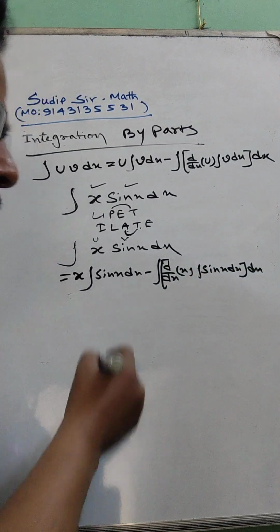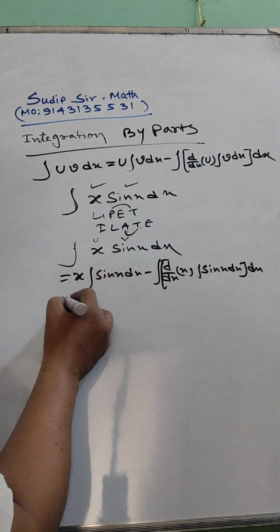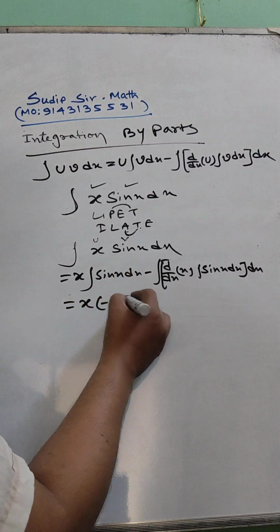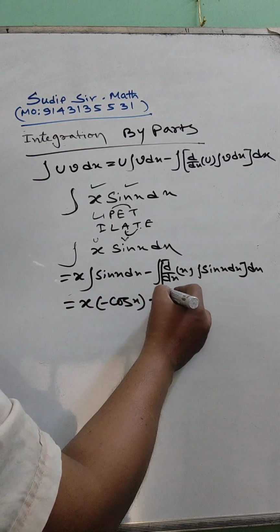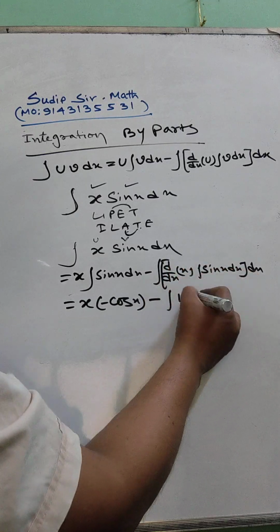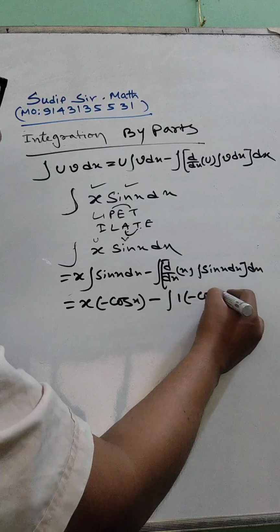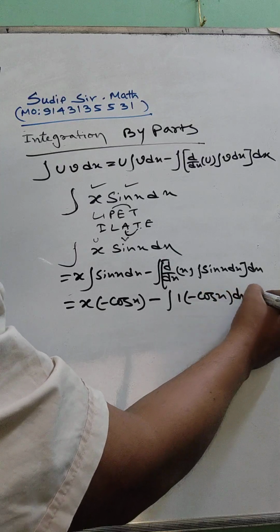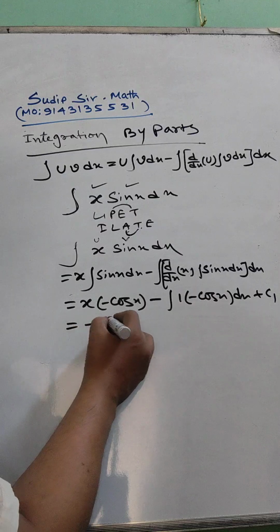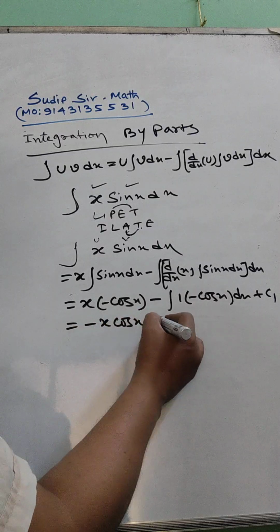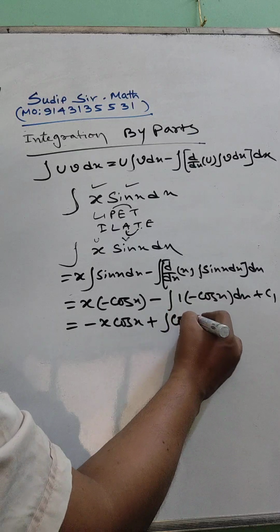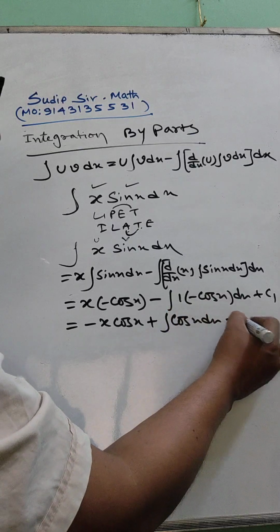So integration of sin x is minus cos x. This gives x into minus cos x, minus integration of 1 into minus cos x dx, plus c1. So this will be minus x cos x plus integration of cos x dx plus c1.